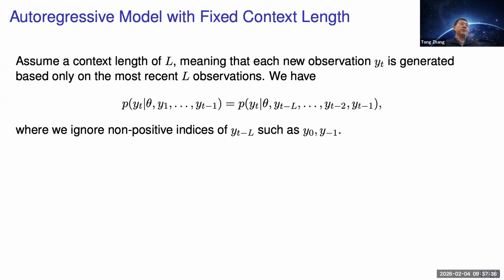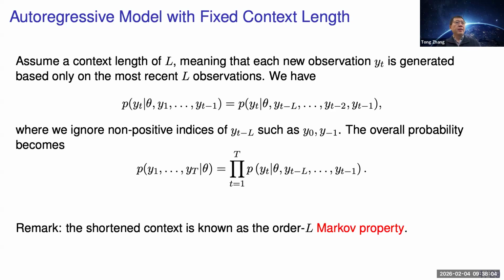Basically, when we write this, we ignore the non-positive index of T minus L. For example, if there's Y0, it never comes, we just ignore that. So basically, we just have a convenient notation of context size of L. For the beginning, it could be smaller than L, but in the end, it will be at most L. So this is a typical setup which we see nowadays.